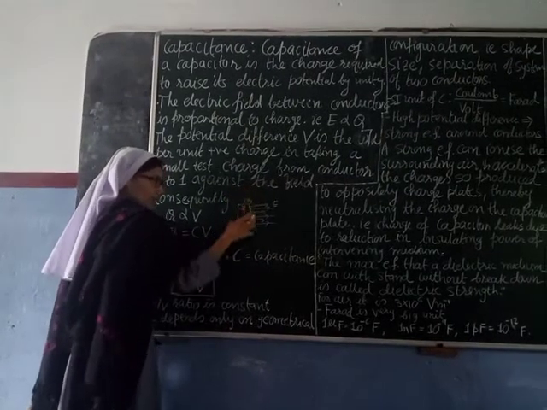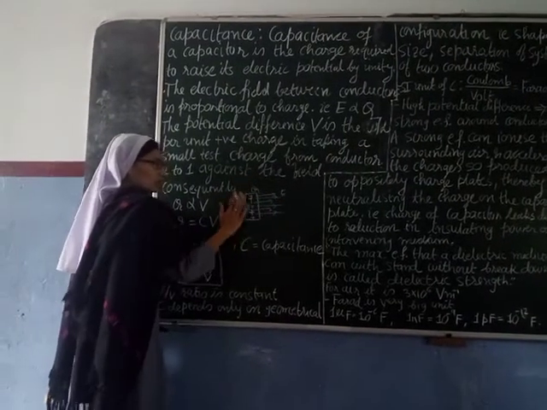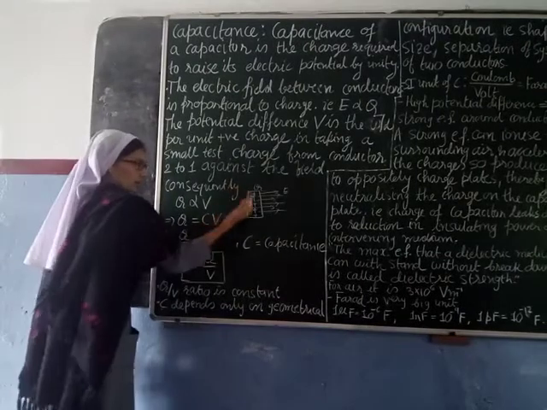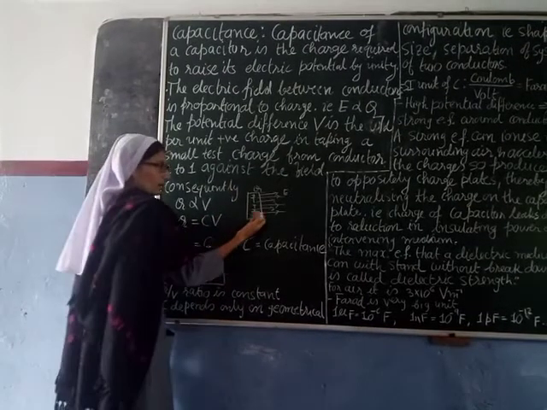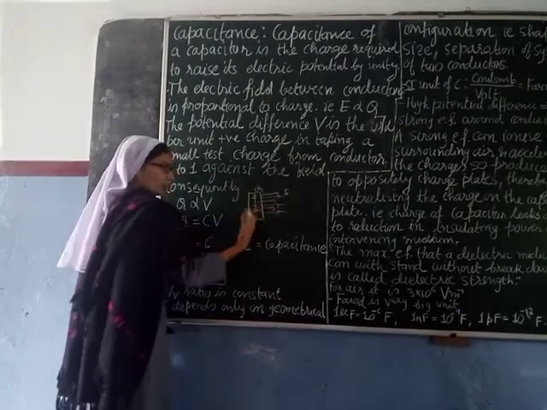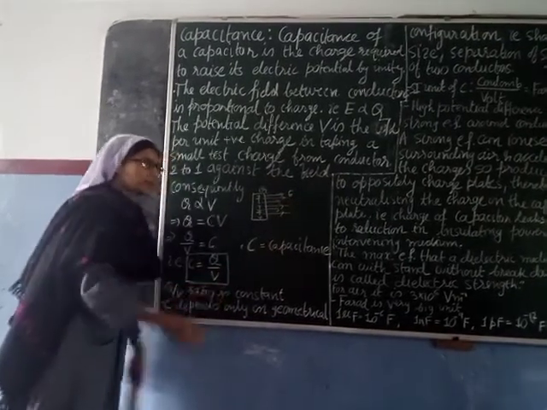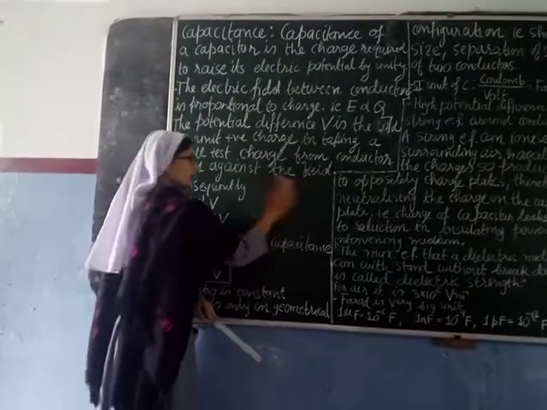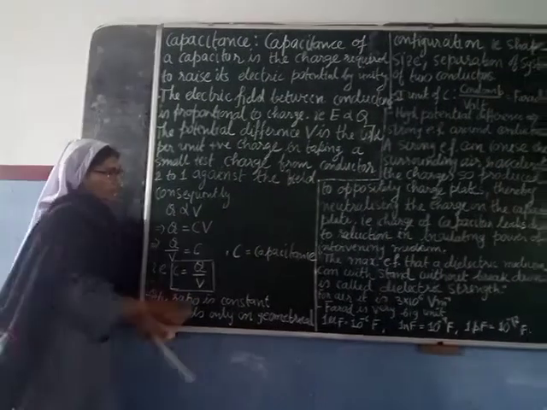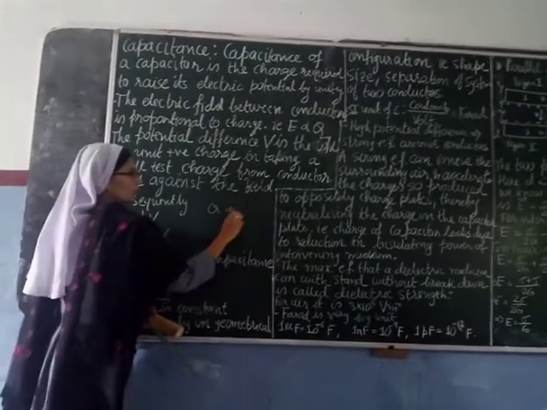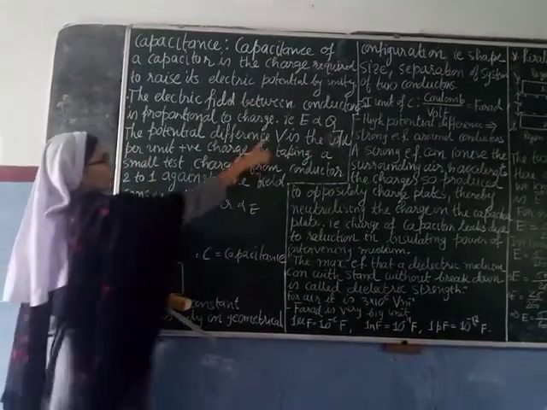If I increase the charge, the electric field increases. If the charge is 10 coulomb, there will be some electric field. If I double it to 20 coulomb, the electric field also will double. So as charge increases, electric field increases. That means Q is proportional to E. That is what I have written here.